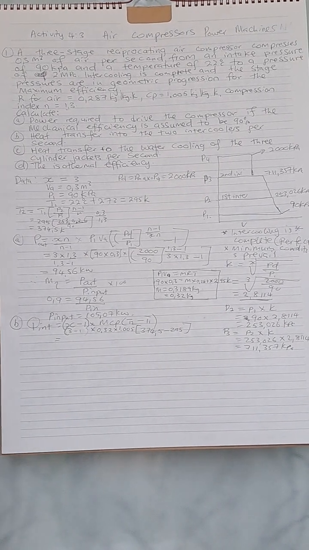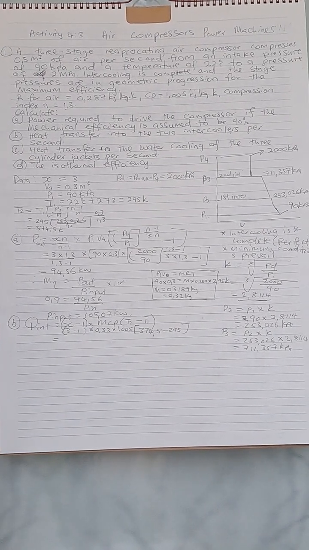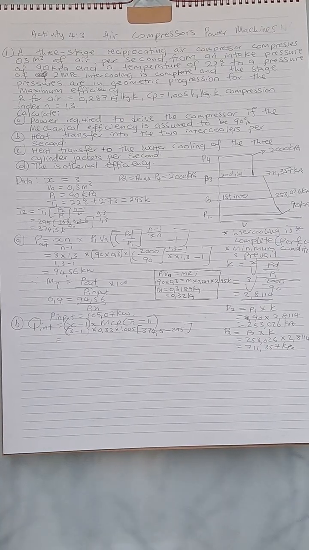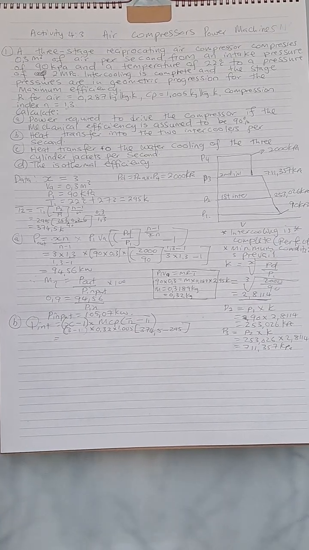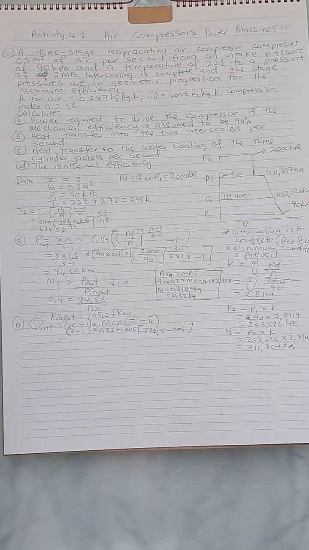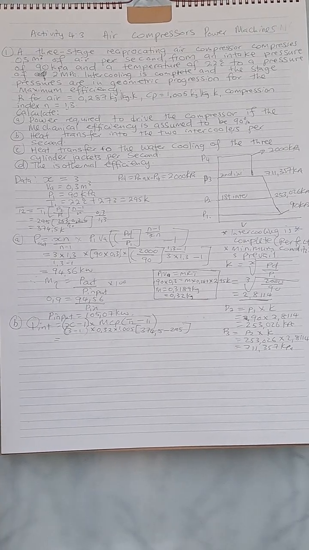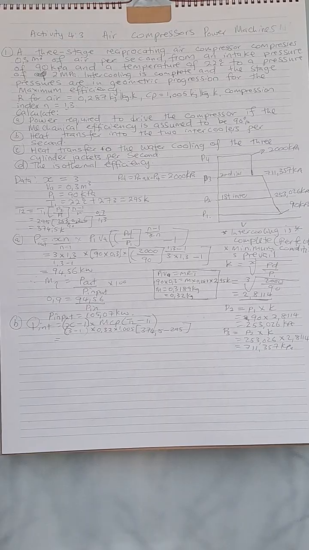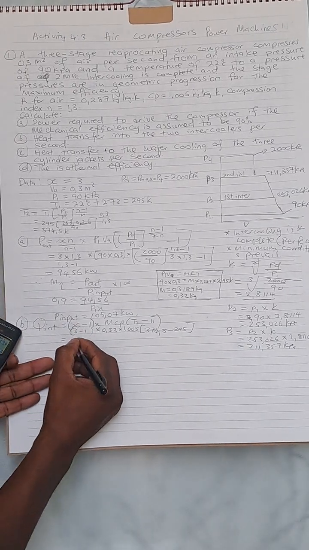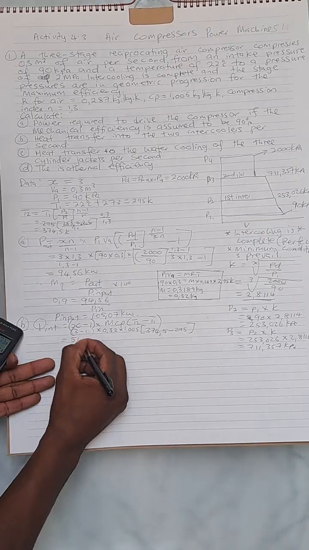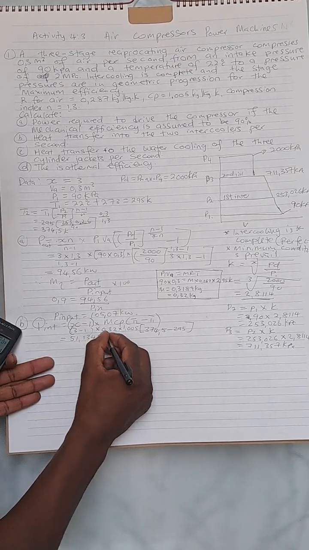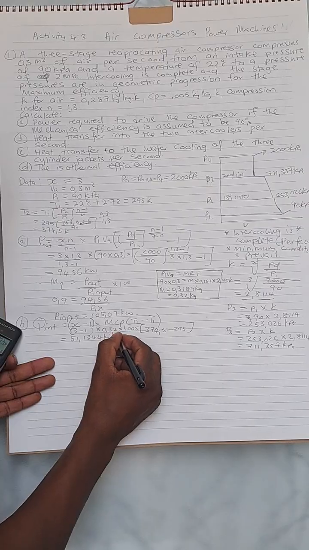So it's 2 times 0.32 times 1.005 times 374.5 minus 295. I'm getting my Q intercooler as 1.1344 kilojoules per second.